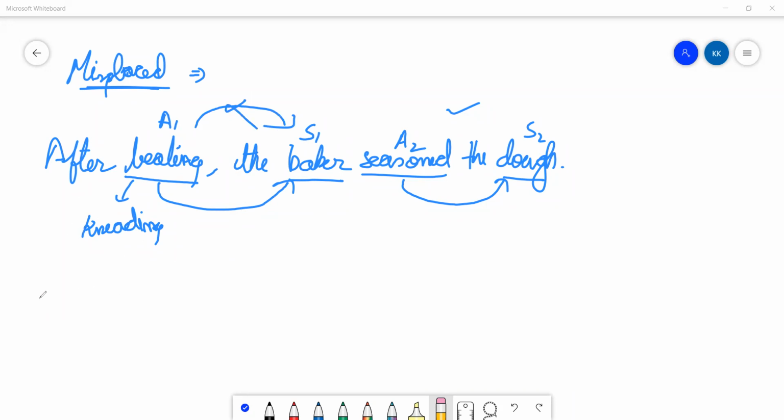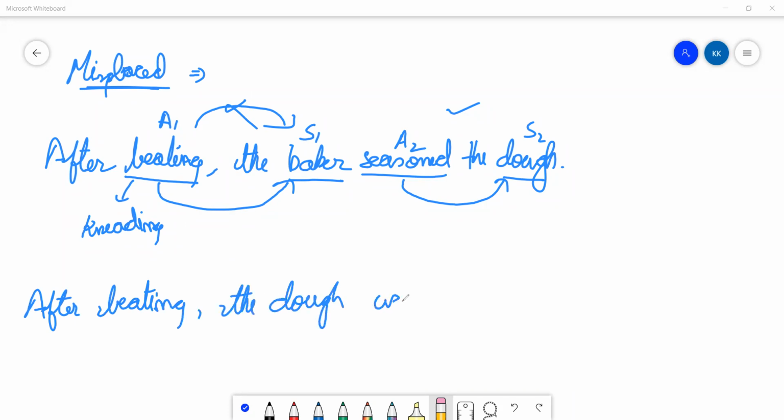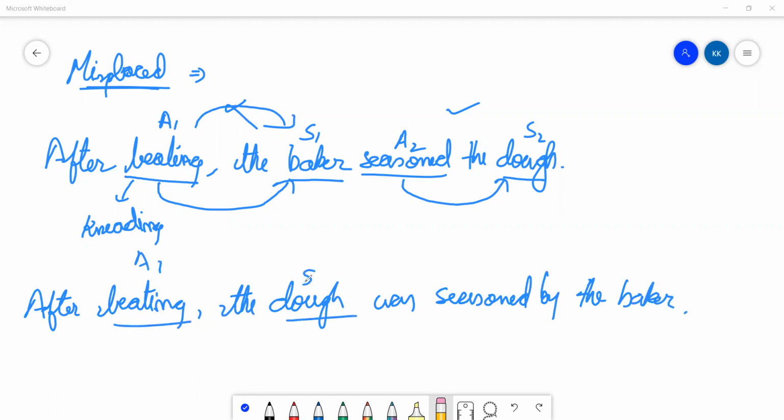How do you change that? After beating, the dough was seasoned by the baker. So again, if you see action 1, subject 1, action 2, subject 2, what has happened here?